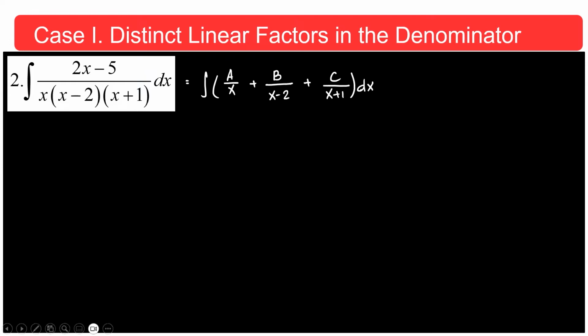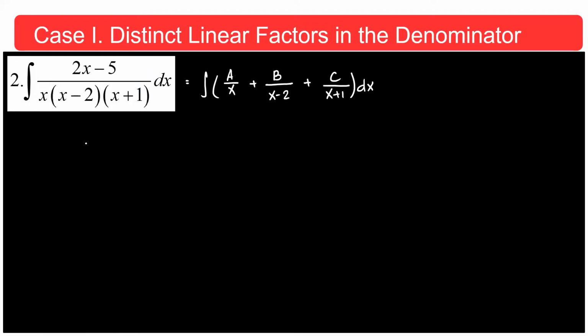Guys, am I safe to say that the integral would be A ln x plus b ln of x minus 2 plus c ln of x plus 1? Tama ba yon? Yes, ganun lang. It just so happened that we need to solve for what A, b, and c are. But of course, your integral would always be ln because it's case 1.